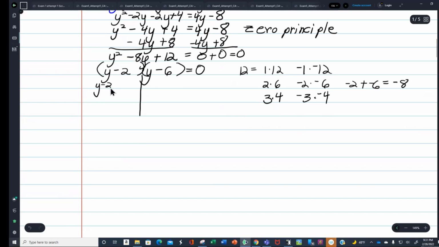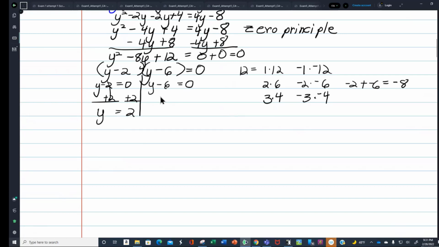Y minus 2 equals 0. Y minus 6 equals 0. Add 2 to both sides over here on the left. And I'll have y equals 2.